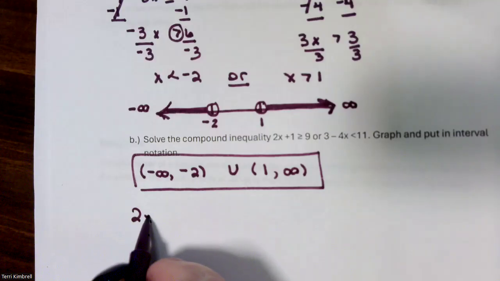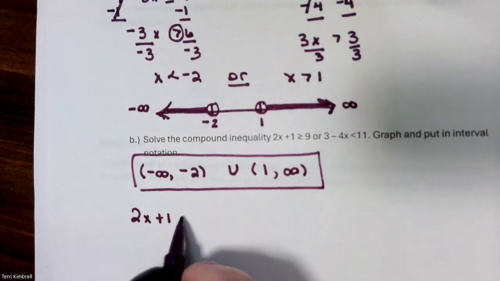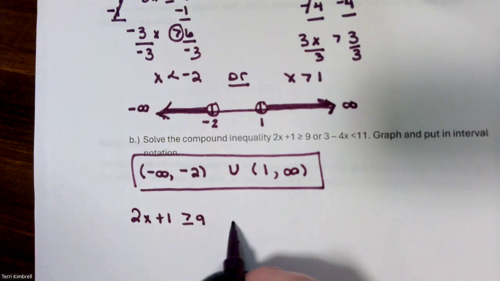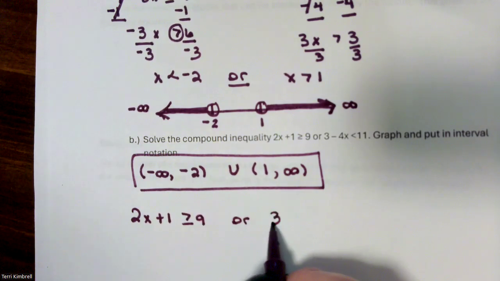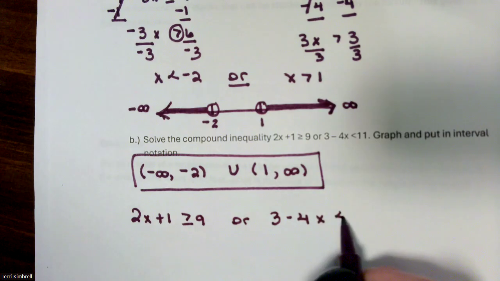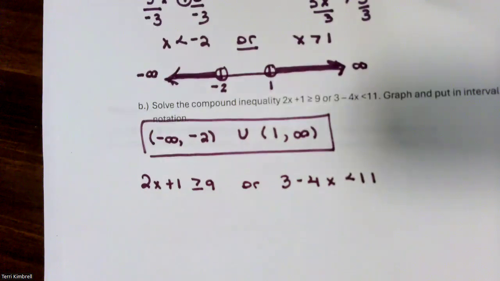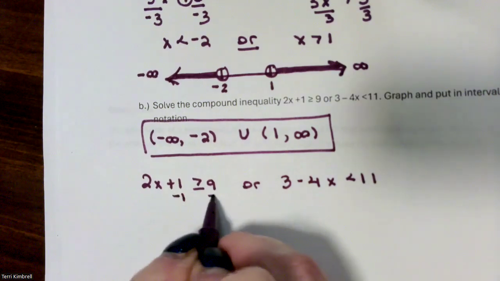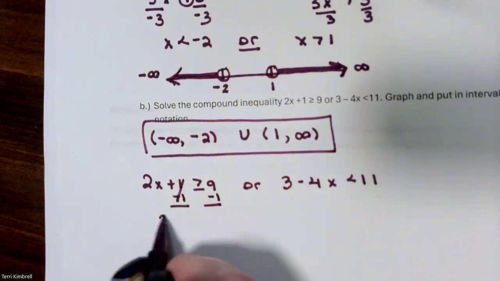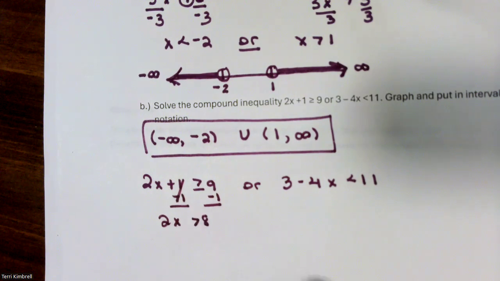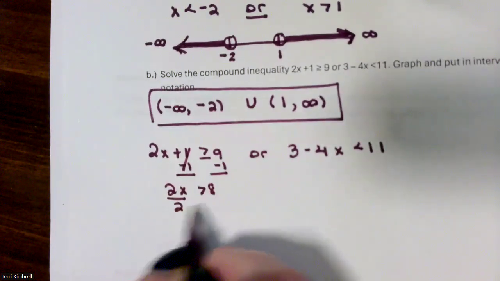Okay. Our other one that we're going to solve, if you want to pause the video and try it and come back and check your answer and follow me through the steps if you possibly missed it. Okay, so I'm going to subtract the 1. Divide by 2.